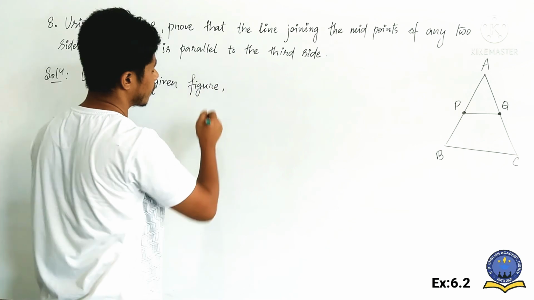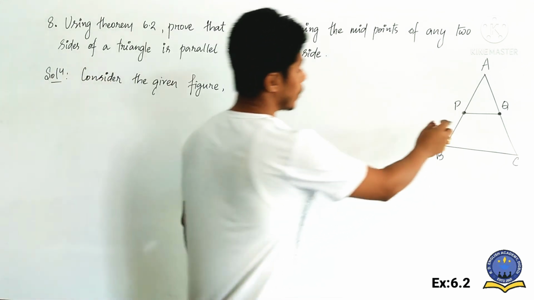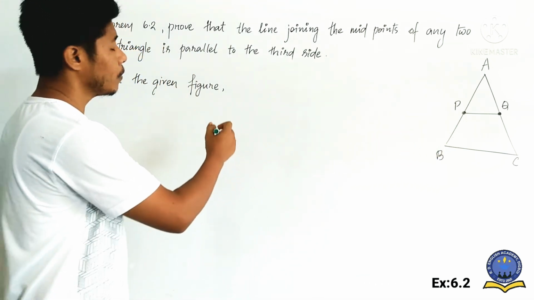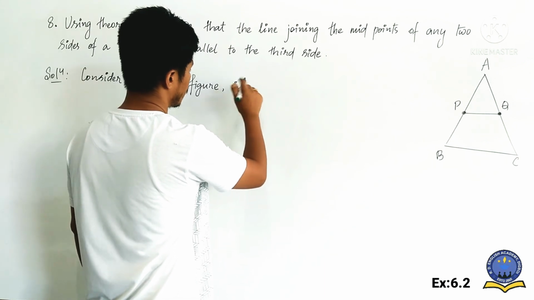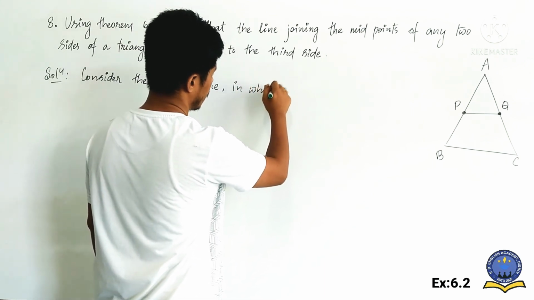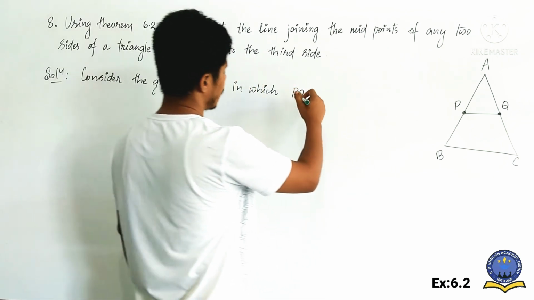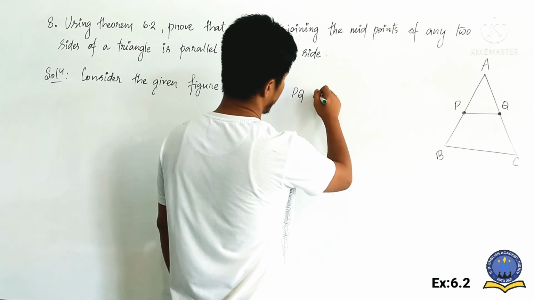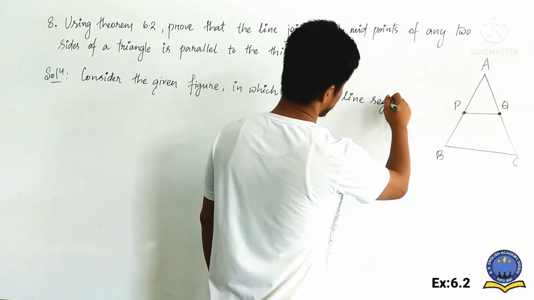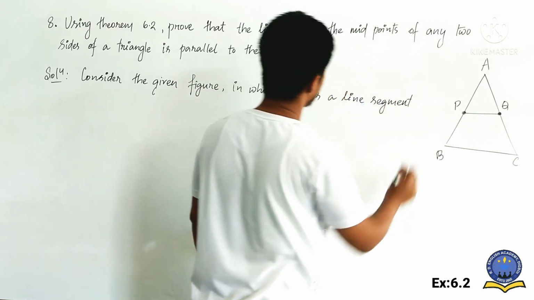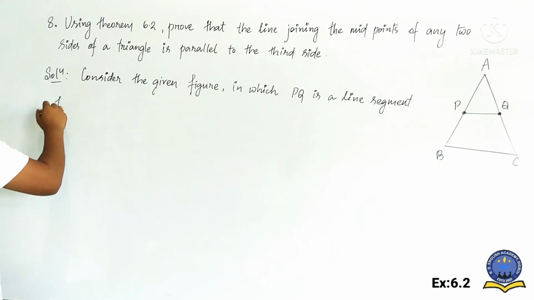If we consider the given figure, according to your question, PQ is a line segment. So here you have to write: in which PQ is a line segment joining the midpoints.